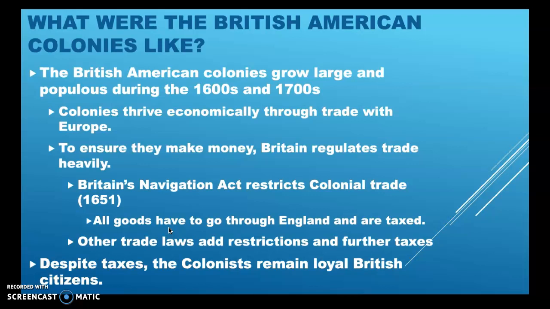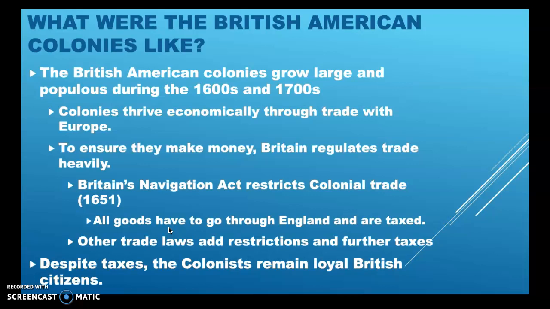Well, what begins to happen in 1651, Great Britain will pass a trade law called the Navigation Act, and this will prevent colonists from basically selling their most valuable products to anyone other than Great Britain. So instead of you having the right to sell it to whoever you want, Britain says you have to sell it to us first, and then we'll sell it to other countries.